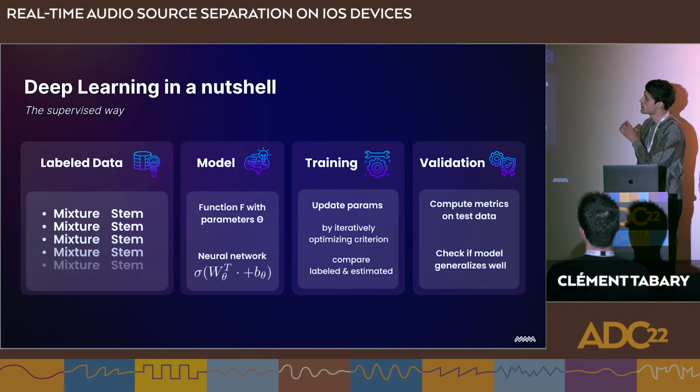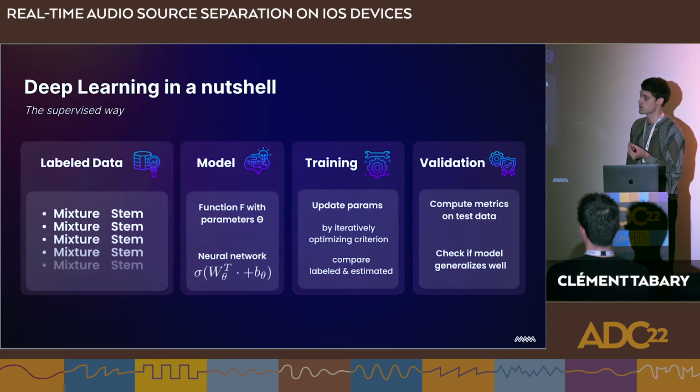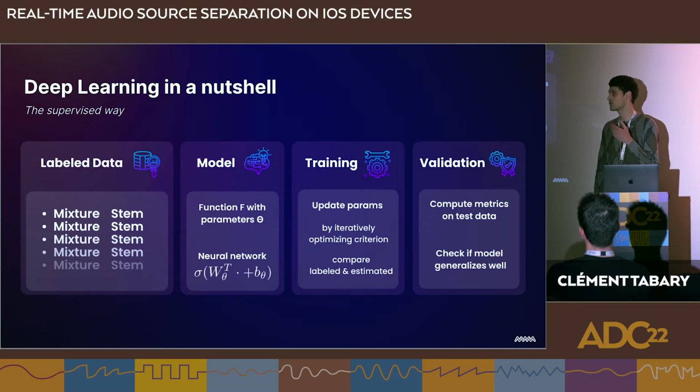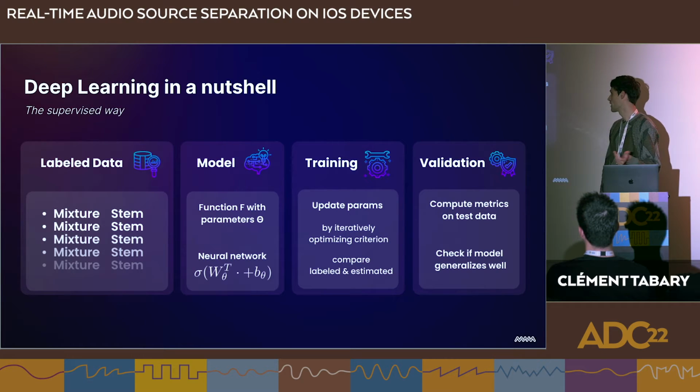So with these neural networks in mind, it's basically like a bunch of mathematical operations with lots of parameters. You will see this as a function. And we'll try to optimize those parameters during the training phase. We give ourselves an optimization criterion, and we iteratively update those parameters so that the model will, when given an input mixture, output the associated stem.